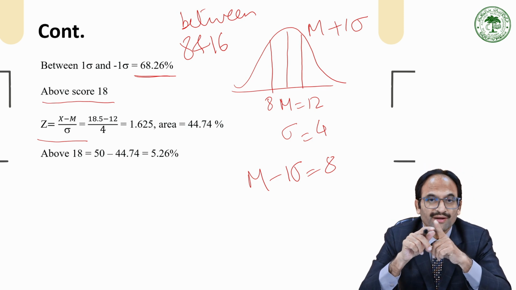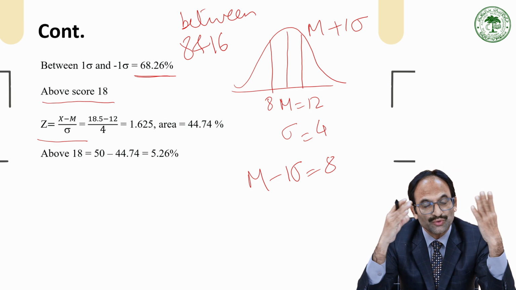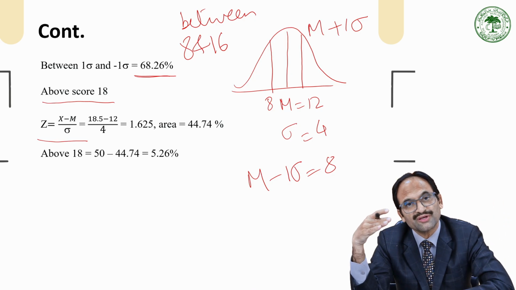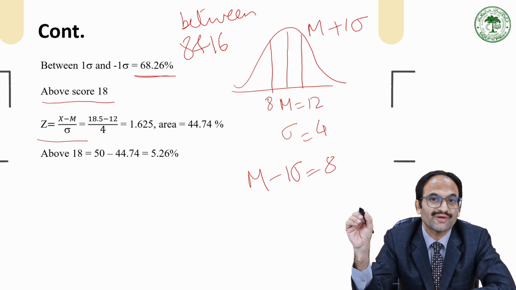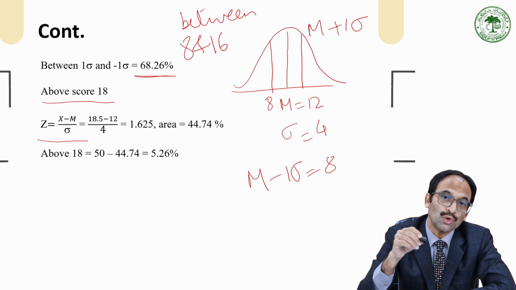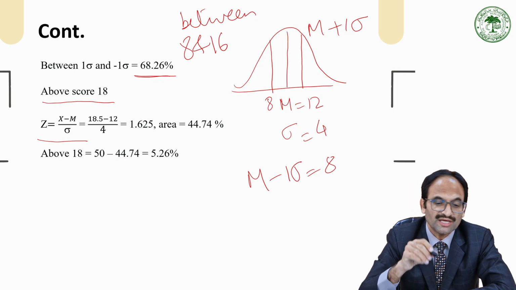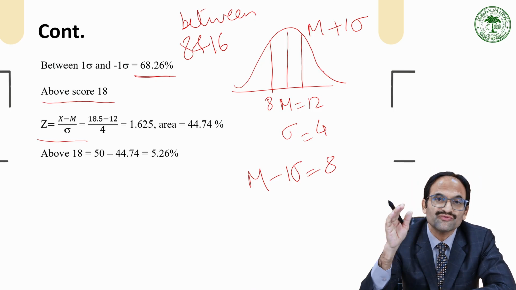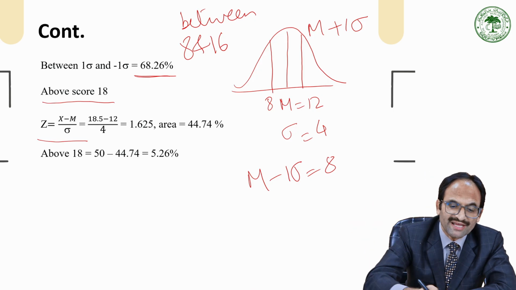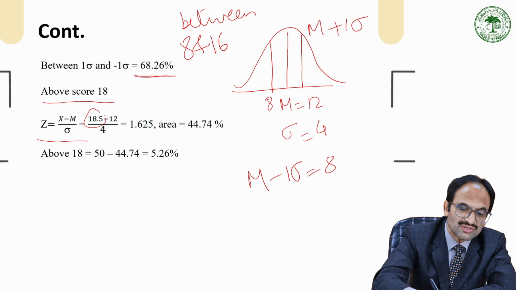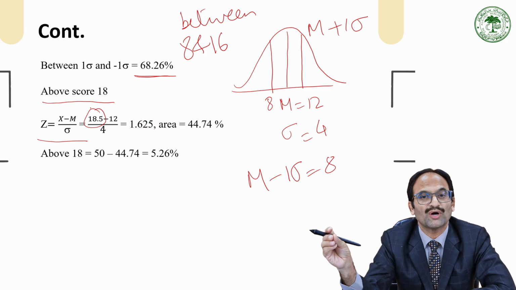But remember, in statistics there is a rule that whenever we go to an upper score, we add 0.5, and whenever we go to a lower score, we subtract 0.5. In this case, since we are moving above 18, instead of 18 we will take the score as 18.5.